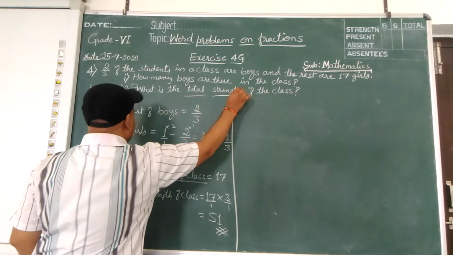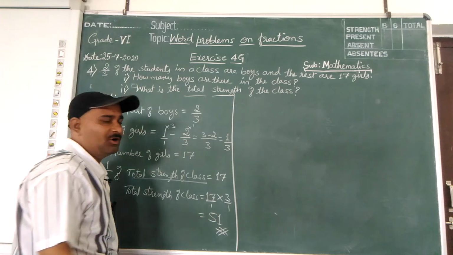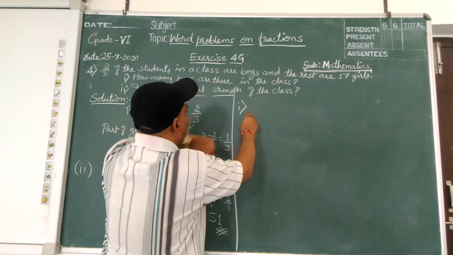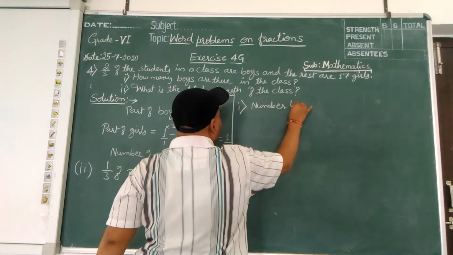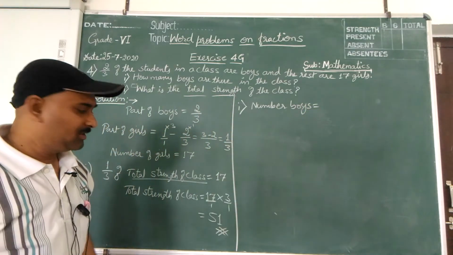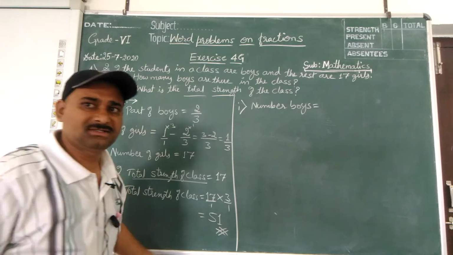Total strength. The first one, we can easily find the number of boys. So the first question is what? How many boys are there in the class? Number of boys. How will we get it, children? Total strength, subtract the number of girls.